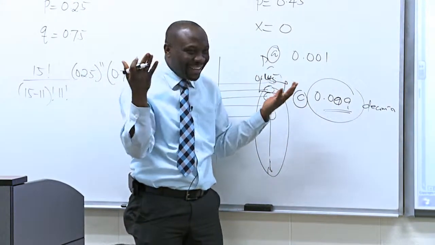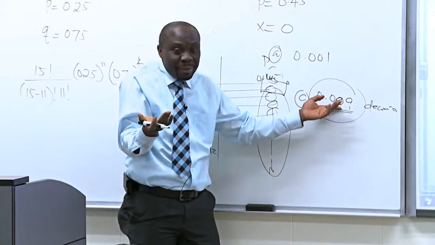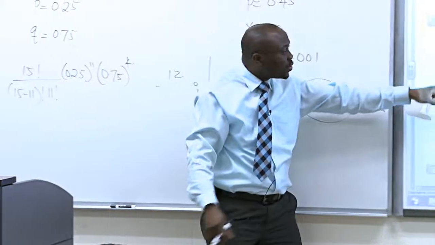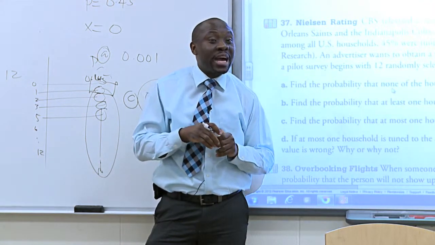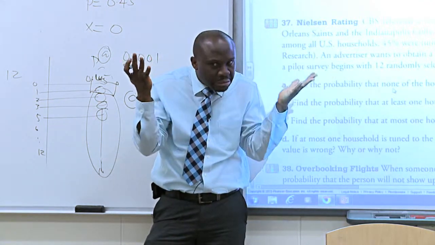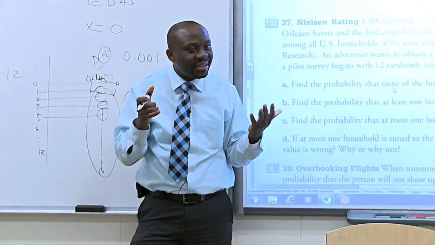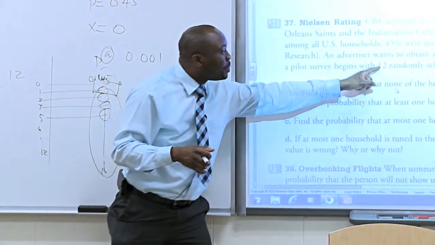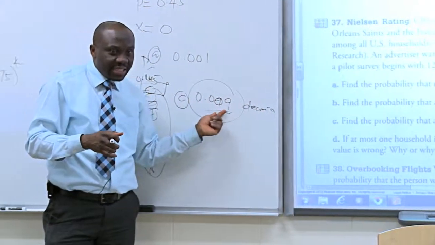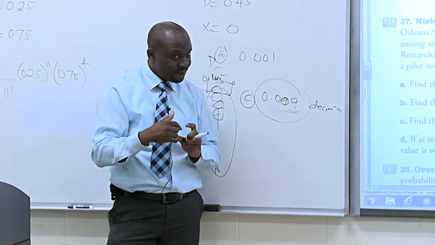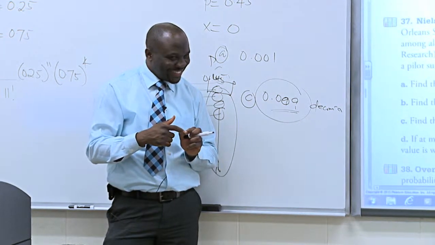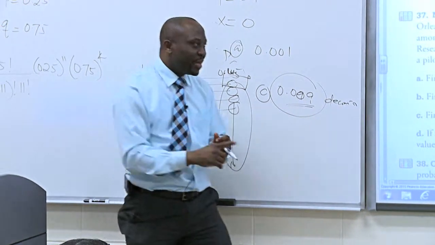This 12 here is the discrete, because you cannot say, oh, I interviewed 11 and a half families. It doesn't make sense that way. When I multiply 12 by that, it should give me a discrete number. See, that's the problem again.